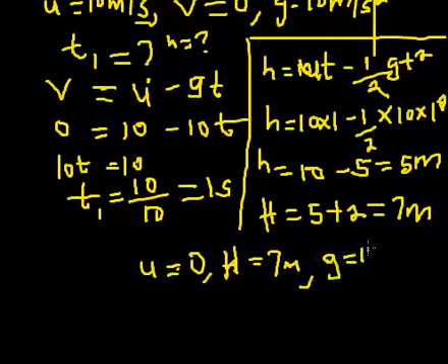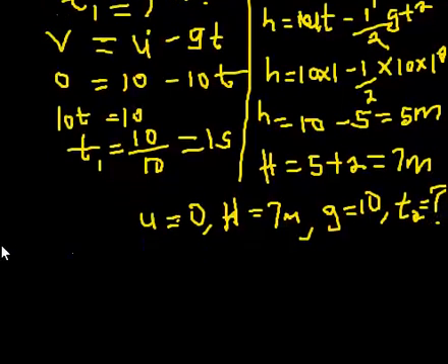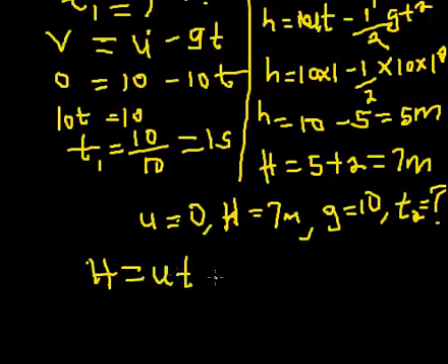Then of course I'm looking at that time now. That time I call T2, question mark. So let's apply. That should still be my second equation, right? H is ut, downward now, that's plus half gt square. This is kind of long.